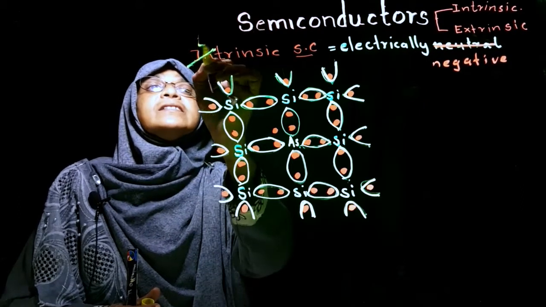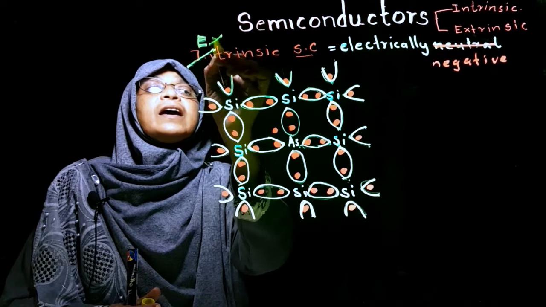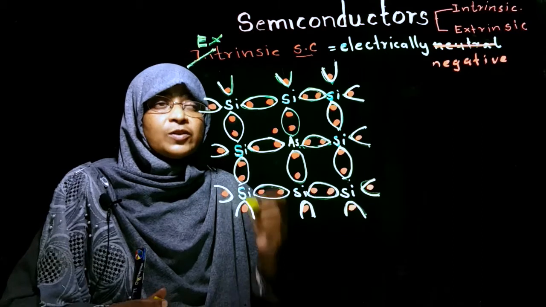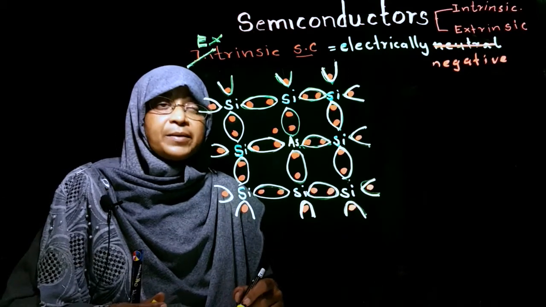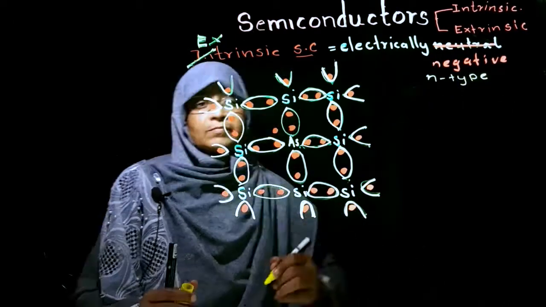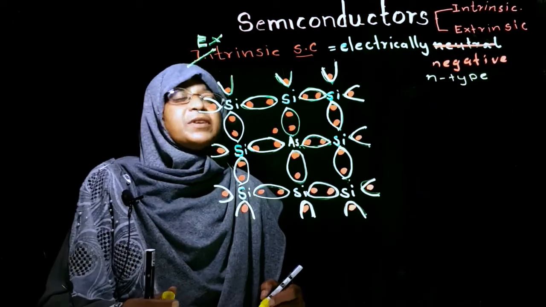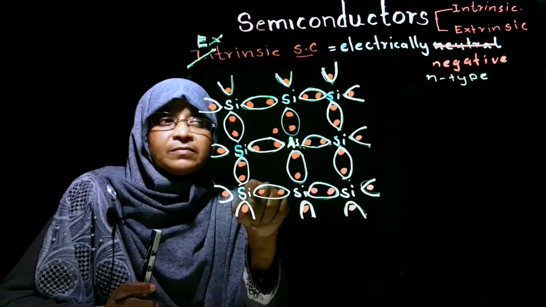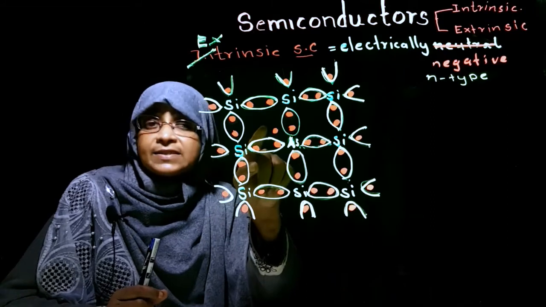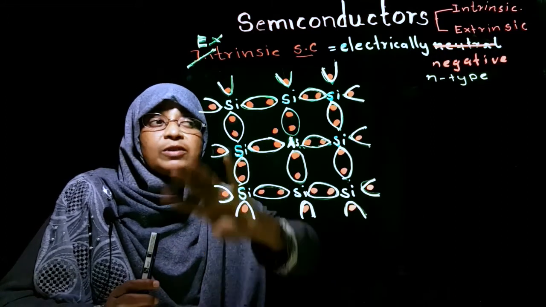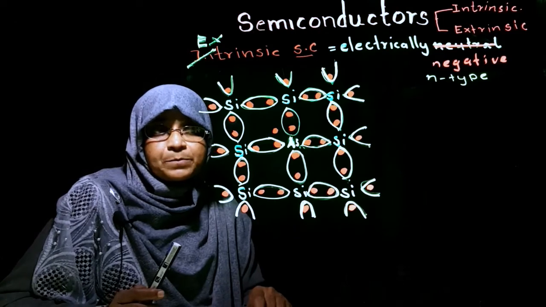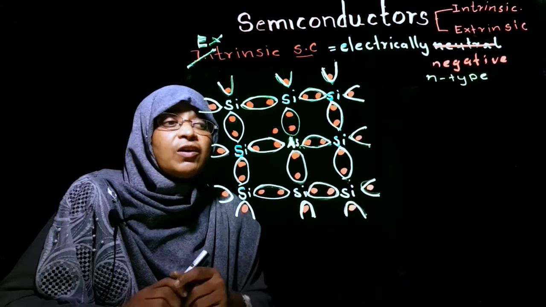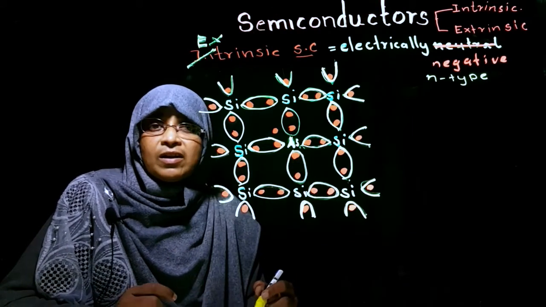Now it is an extrinsic semiconductor, electrically negative. So this type is called N-type. In this N-type extrinsic semiconductor, we can see this arsenic atom gives one extra electron to the lattice. So it is donating a negative charge. So this atom is called a donor atom.